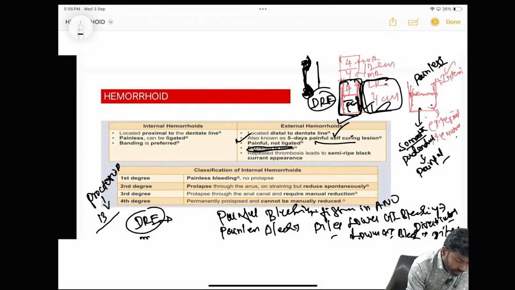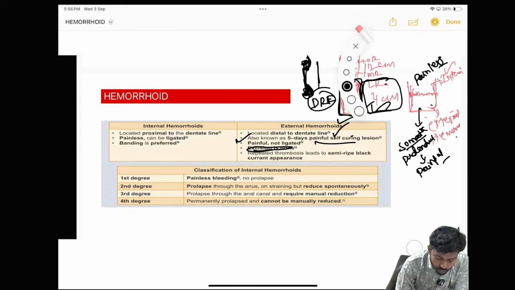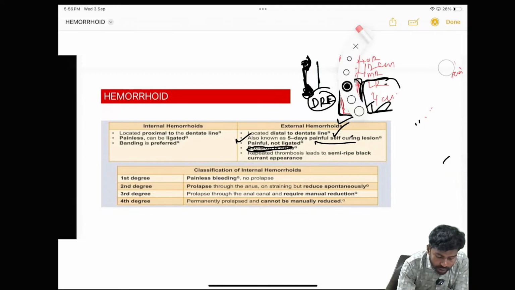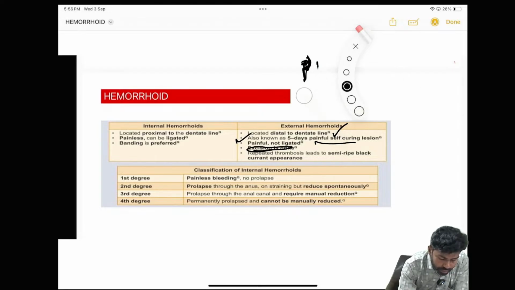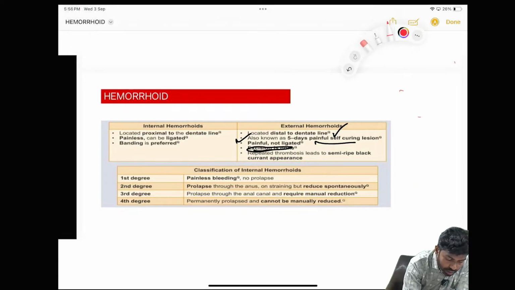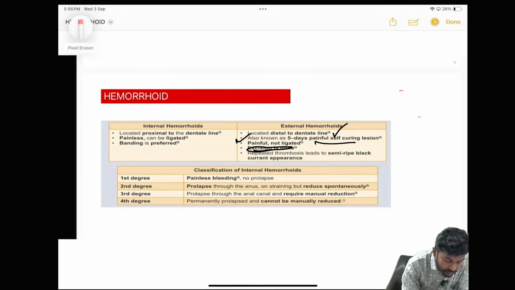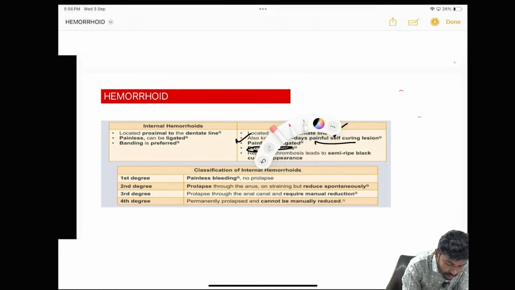Okay, now how will you grade the piles, they will ask. The grading of piles is grade 1, grade 2, grade 3, grade 4. There are 4 grades. In grade 1, there will only be bleeding.